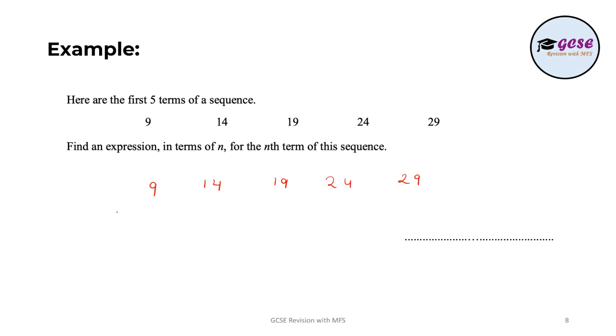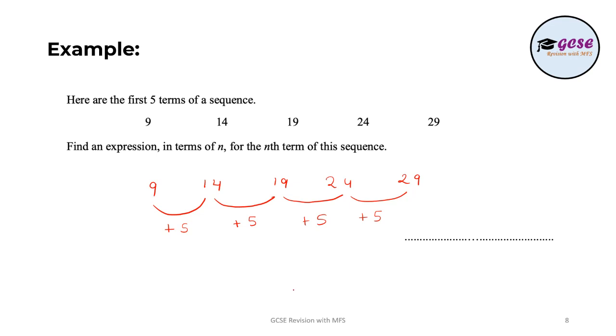Okay, and step 1 is you need to work out the difference between each number. So 9 to get to 14, you need to add 5. 14 to get to 19, you need to add 5. 19 to get to 24, you need to add 5, and 24 to get to 29, you need to add 5.